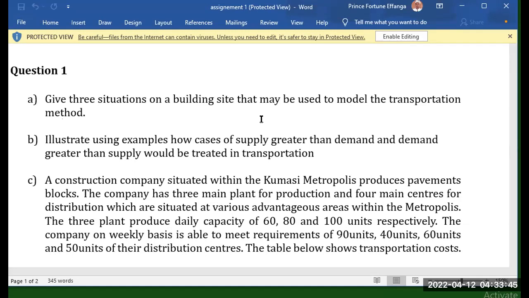And you can also use the transportation method to determine the best place to go for supplies, like where to buy your materials for building, depending on probably distance and costs.